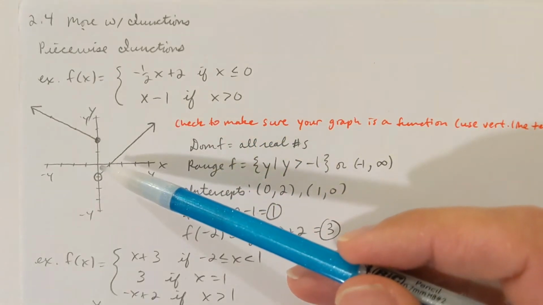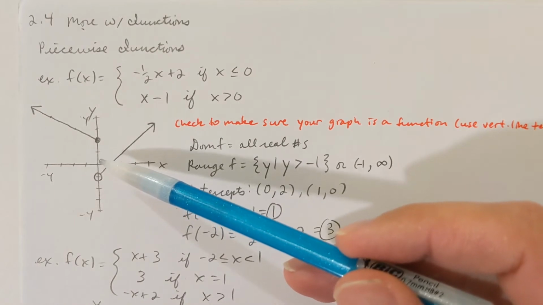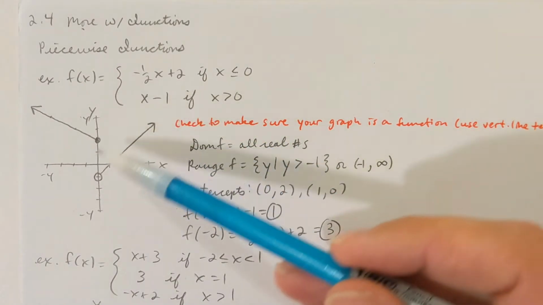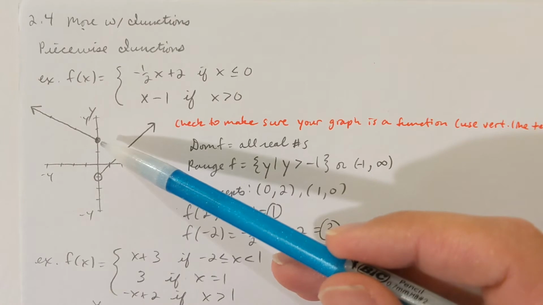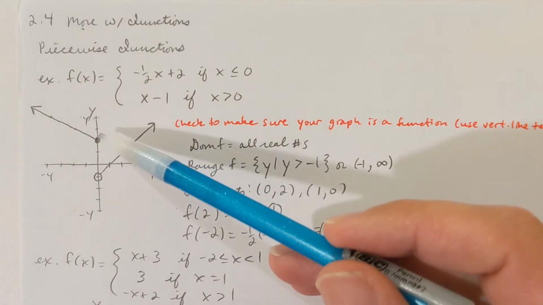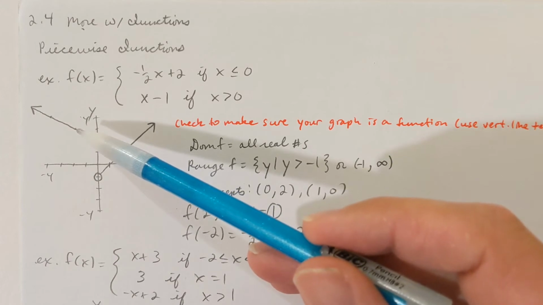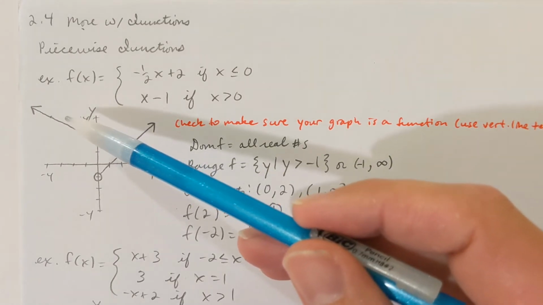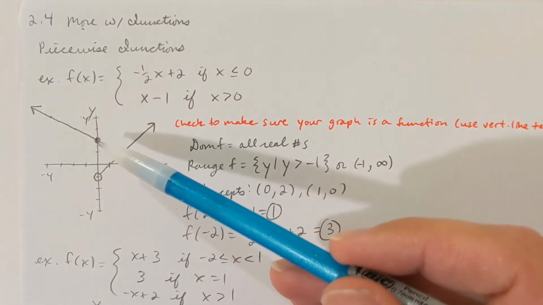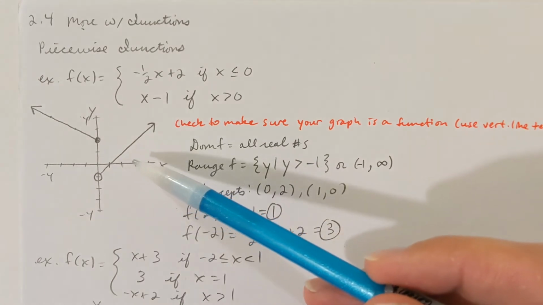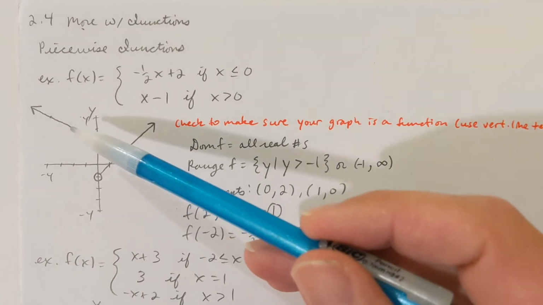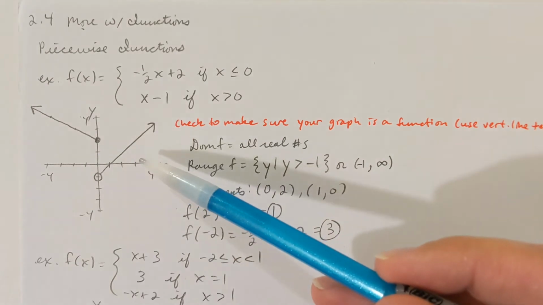The first line, y equals negative 1/2 x plus 2, has a y-intercept at 2 and a slope of negative 1/2. Okay, so I'm going up 1 and to the left 2. Down 1 to the right 2. Okay, so I would draw in this line.